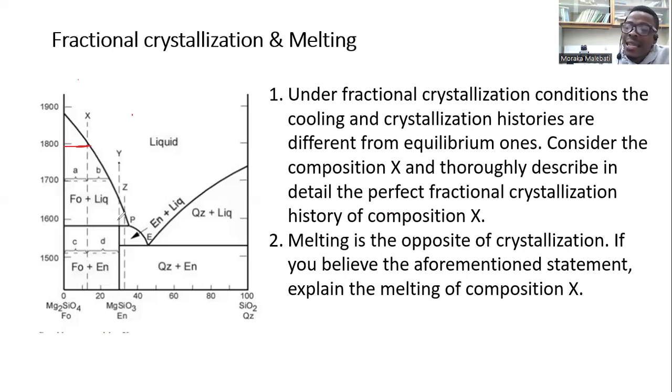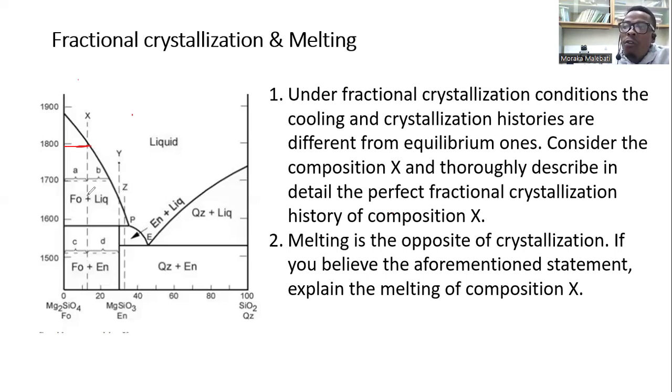So let's now start the cooling history. That liquid, when it cools to that 1800 degrees Celsius, will cause the phosphorite to crystallize. With further cooling, the liquid composition will always change along the liquidus line.